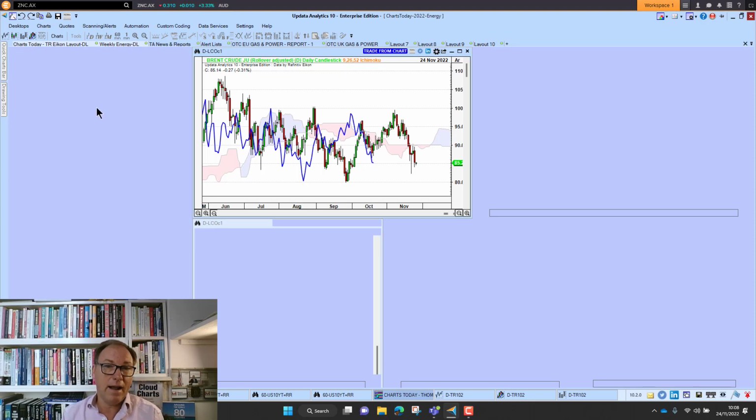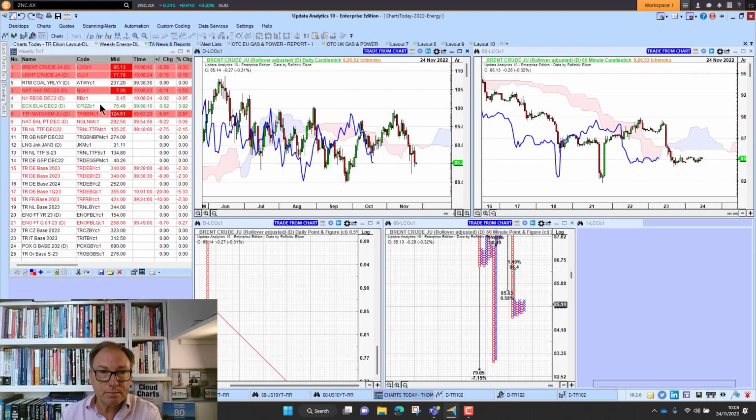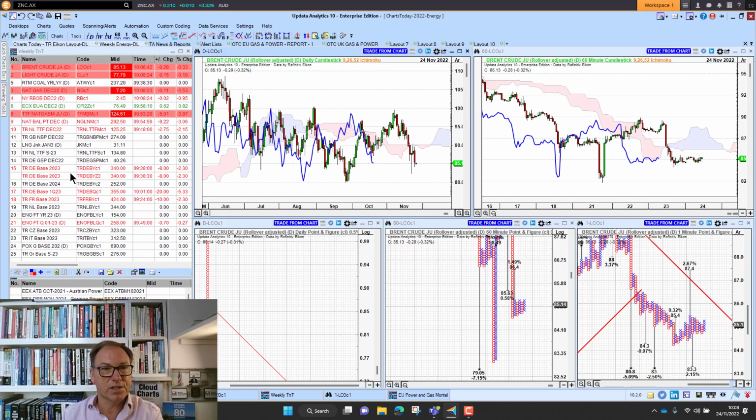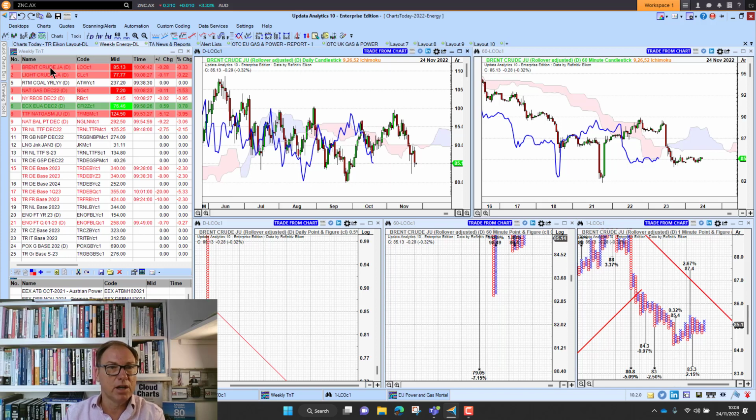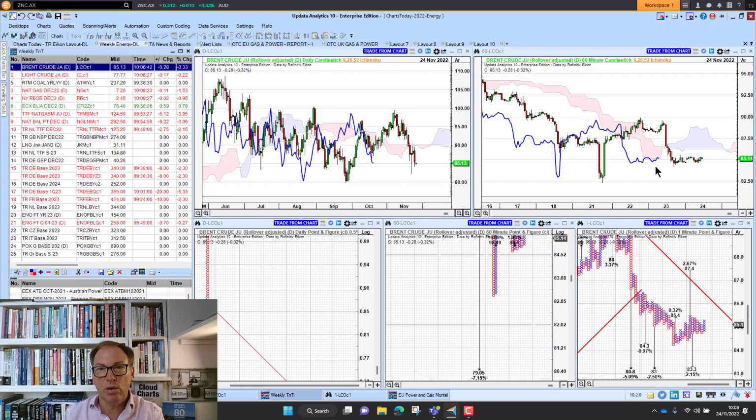A quick look at the energy mix now. We're seeing a lot of red on the screen this morning, so that's quite interesting. Crude oil had big falls yesterday, and we're seeing a lot of volatility entering in the short term there. We're still bearish below the cloud, and we've got these downside targets, so that's quite key.